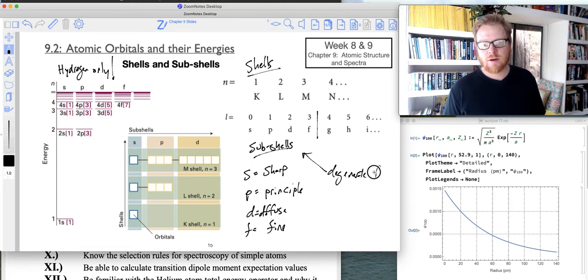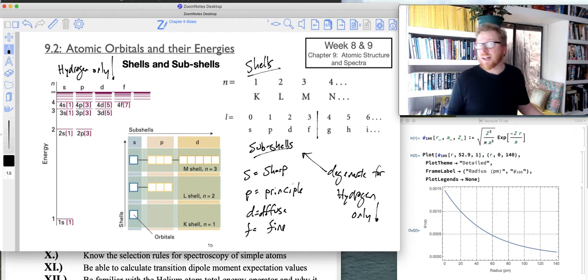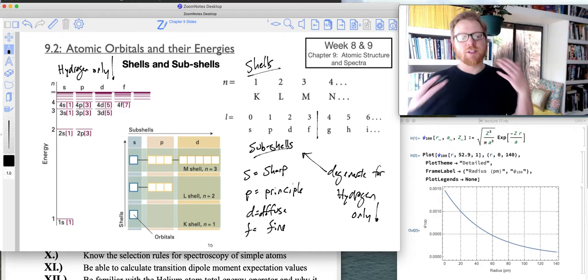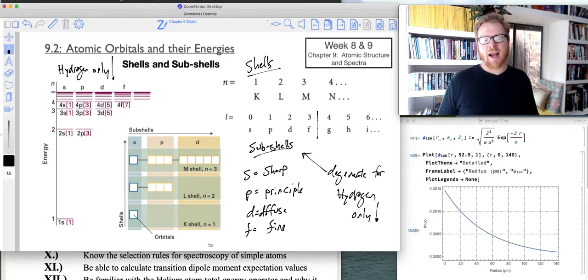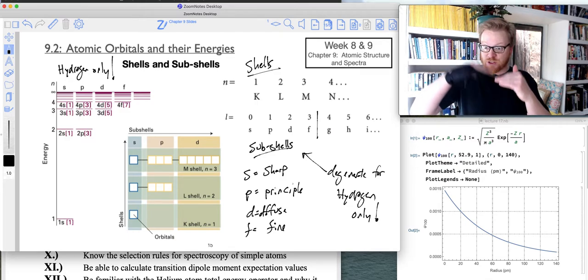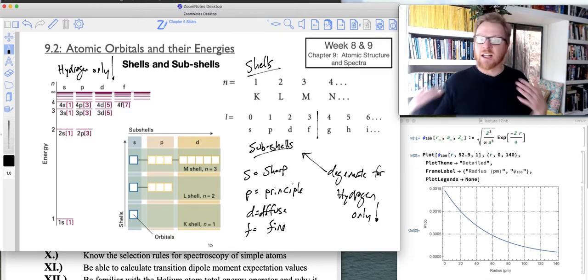Okay? And that's because it only has one electron. So as we shall see, when we start having multi-electron atoms, the subshell energy levels split due to electron-electron interaction.